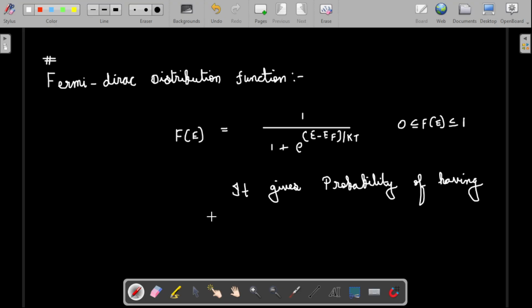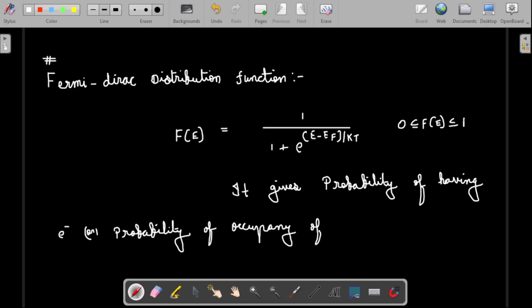In simple terms, it is the probability of occupancy of any energy level at any temperature T by electrons.